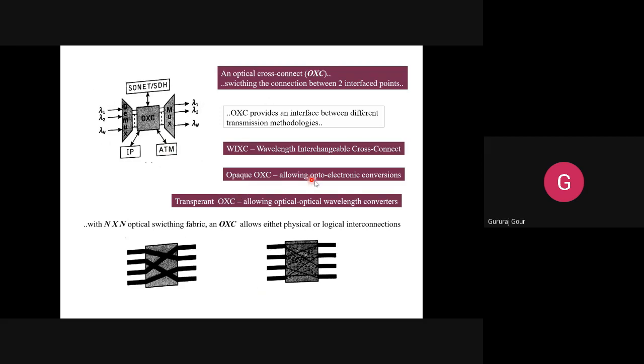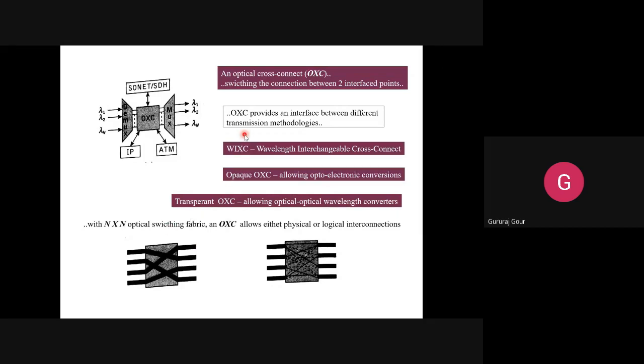If you include an opaque OXC, it will allow optoelectronic conversions for the particular desired input signals. A transparent OXC will allow optical to optical wavelength conversion. Like that, you can use either of these or a combination of them depending on the application.